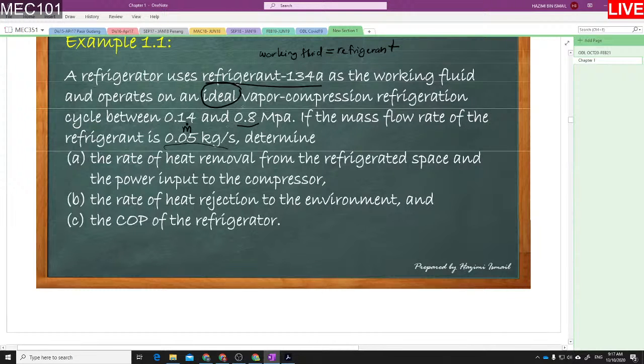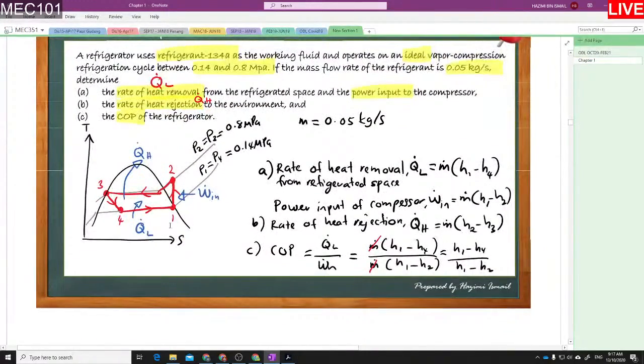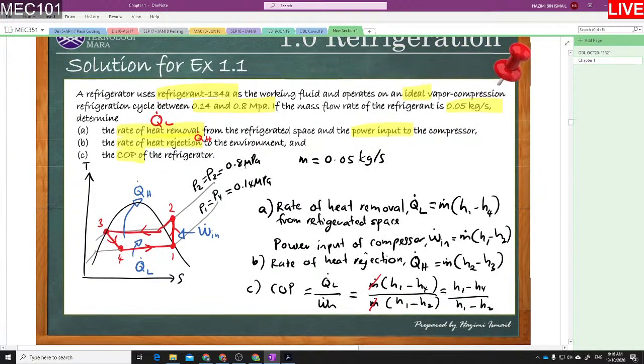This is P. But which P? P1, P2, P3, P4. Okay, sebab itulah saya nak awak tadi lukis TS diagram. So awak put the state sini first, state 1, state 2, state 3, state 4. So paling tinggi yang kat atas ni adalah state 2, state 3. So pressure 2, pressure 3 adalah 0.8.